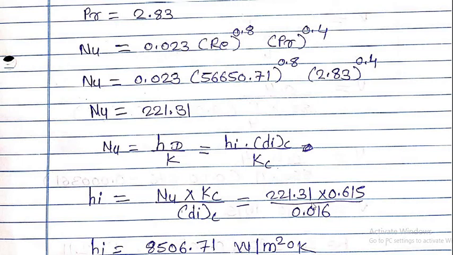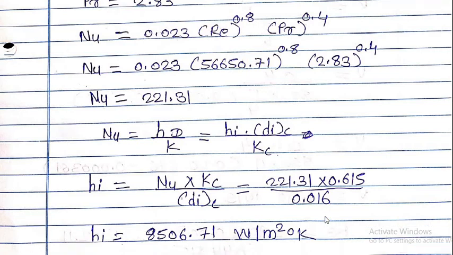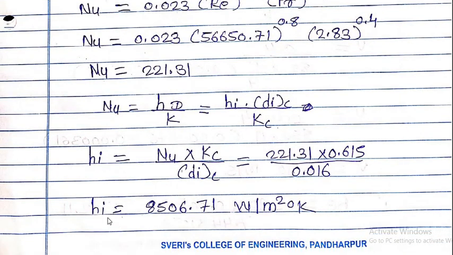Then the inner diameter of the copper tube is 0.016. With these we have calculated the heat transfer coefficient inside the copper tube, for water. It is equal to 8506.71 watt per meter square degree Celsius.